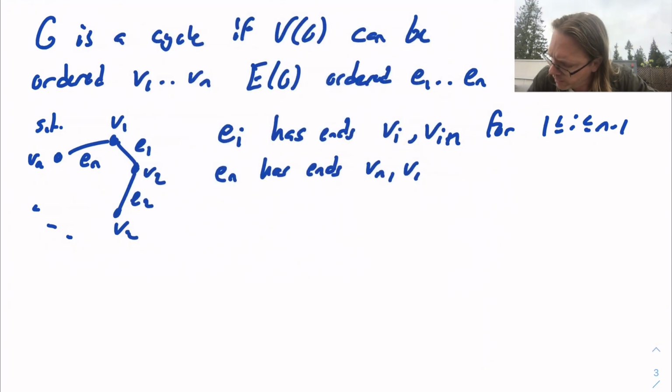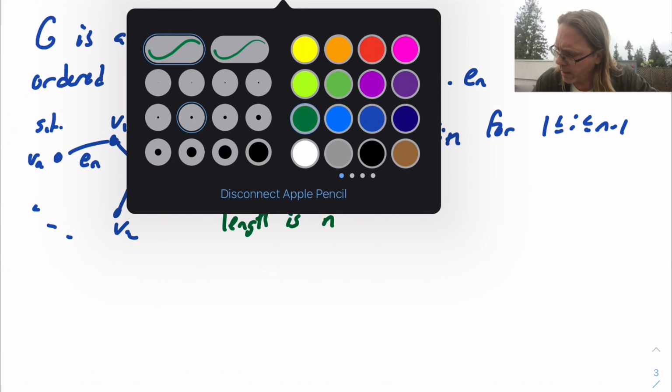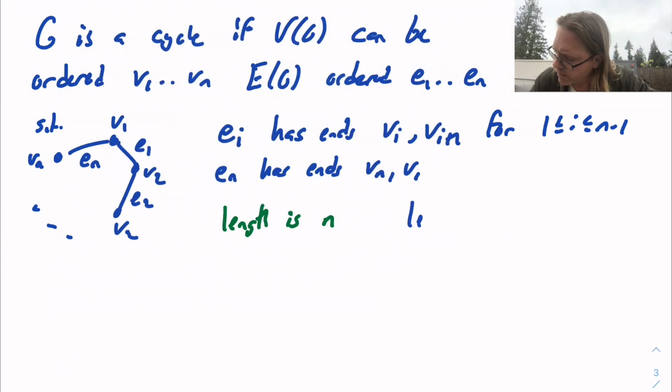So the length of this cycle is n, and as before, I'm going to give a name to a family of these things. We'll let Cn be a cycle on n vertices.